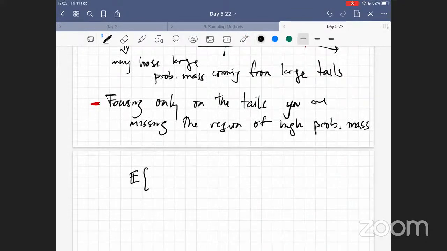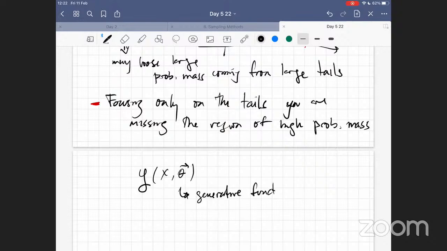So imagine you have a function, and this function is a function of the input and some parameters. This is a generative function of your data.